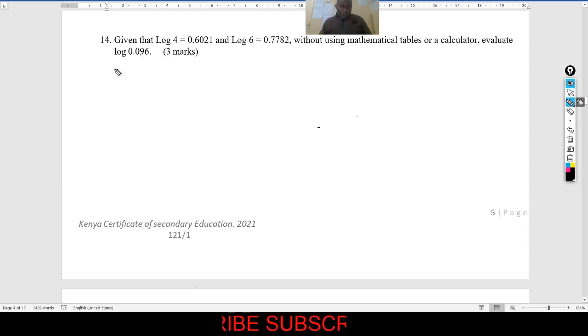Now we change this. Log 0.096 is the same as log of 96 divided by 1,000.